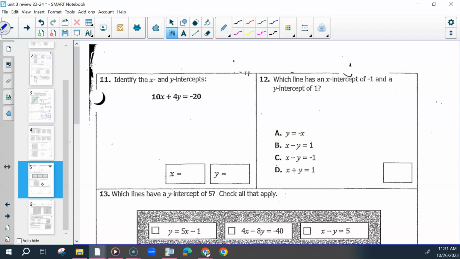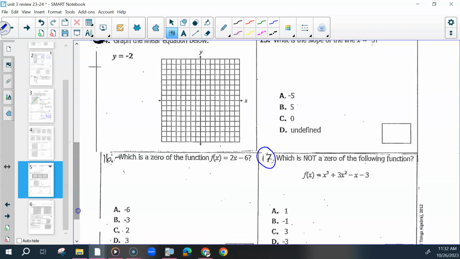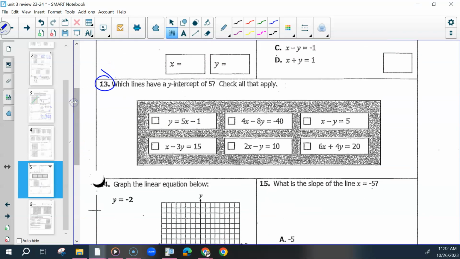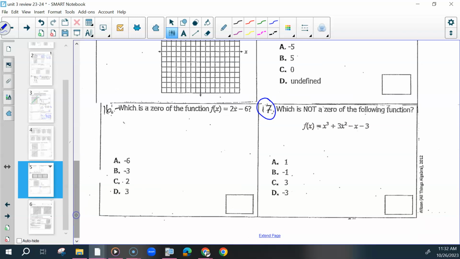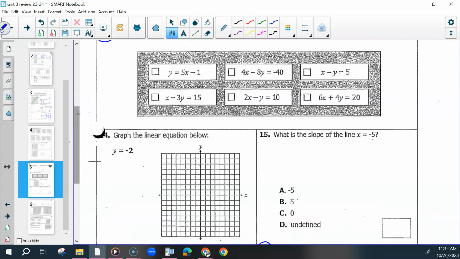Questions on this page, 11 through 17. 13. 17. Okay. 17. Great minds. 16. Great minds. 11. Okay.